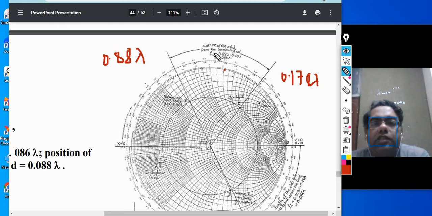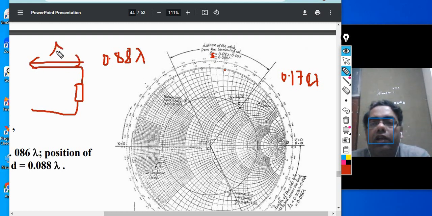This is LS. Actually, this is LS, means from load end, this is the distance that we have to move. LS across which we have to connect the stub.